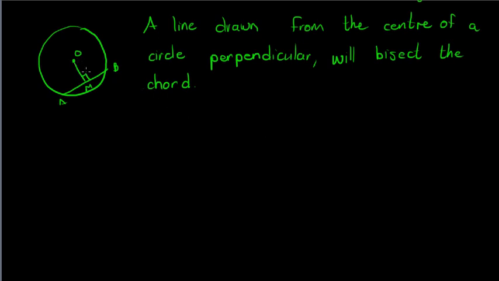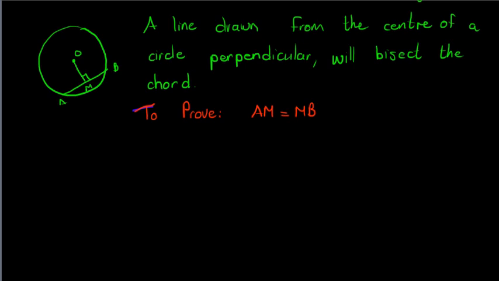This time we make it perpendicular and the conclusion is it is equal. Okay, now what is the to prove? So if I have to prove this, what do I have to prove according to this? Good, that AM is equal to MB.